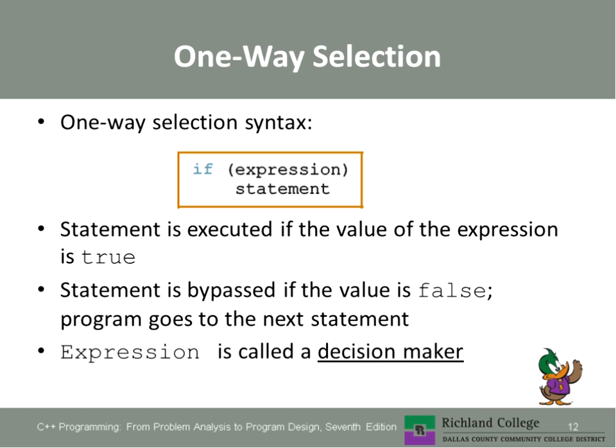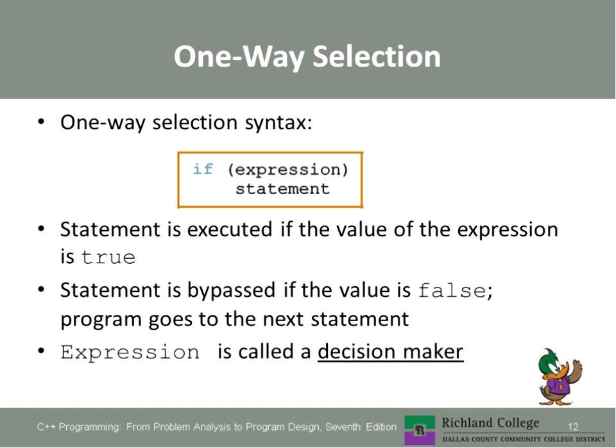So now, what is a one-way selection? The one-way selection does not have an else keyword in it. Remember from your pseudocode, what we learned in chapter 1a and 1b. If we only have the if statement, we do not have an else statement, that is a one-way selection. So the statement is executed if the value of the expression is true, only if it's true.